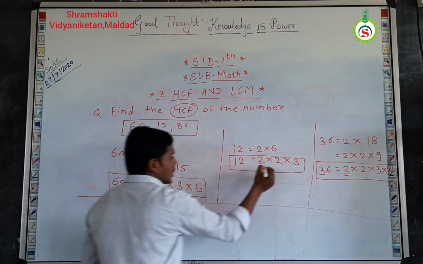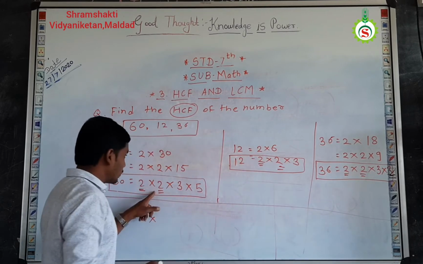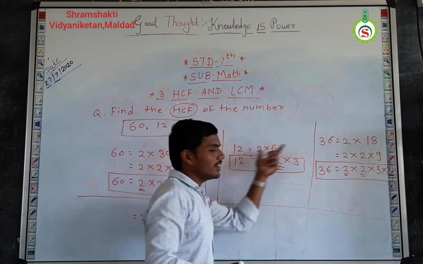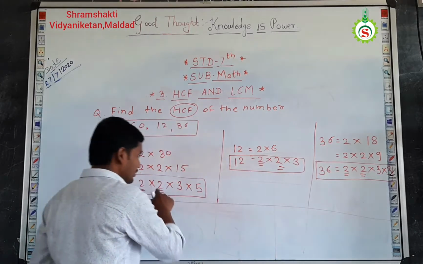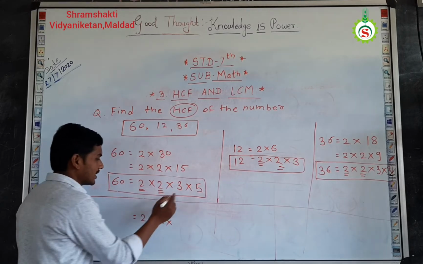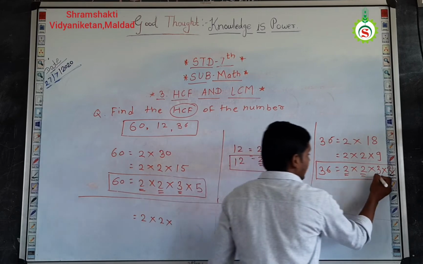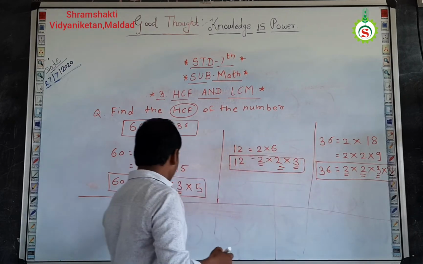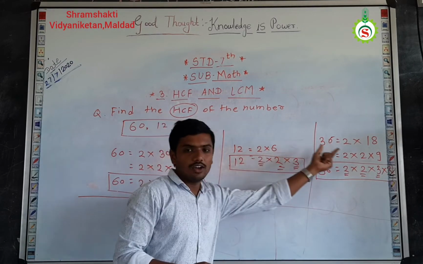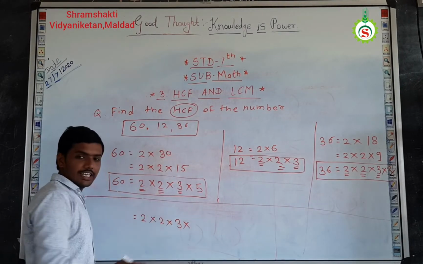Here is a 2, here is also 2, and here is also 2. That means that 2 is also common between all the 3 numbers. That is also a common factor. So again I will take 2. Now next, that 3 is here, that 3 is here, and that 3 is here. That means that 3 is common in all the numbers. That is also a common factor. So again I will take 3 here.